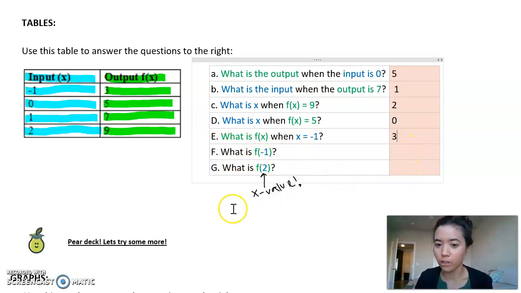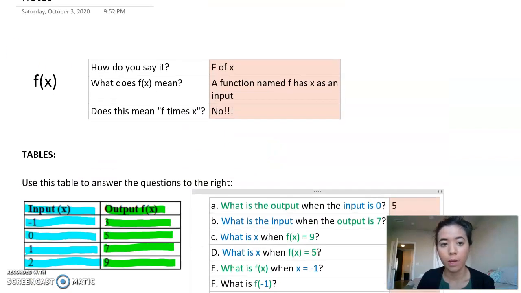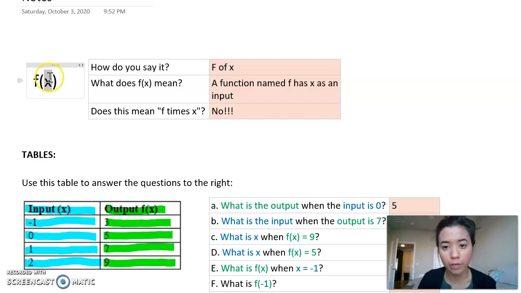Now this is, I think, the trickiest formatting that you'll see. So we would read this as, what is f of -1? Now from up here, I told you that this means our function named f has an input of x.